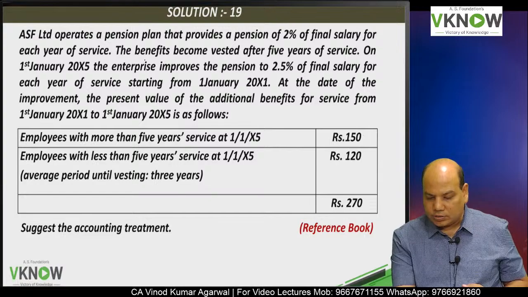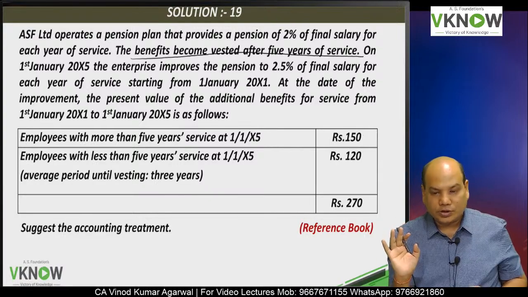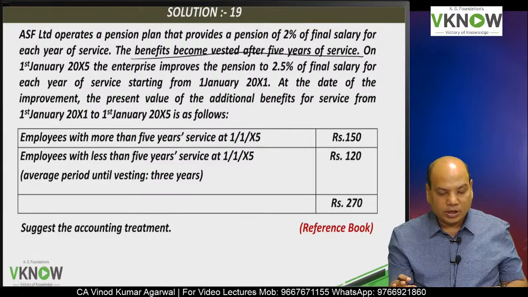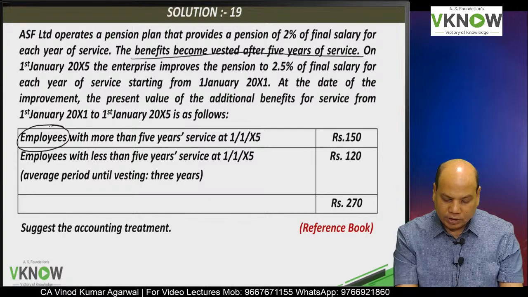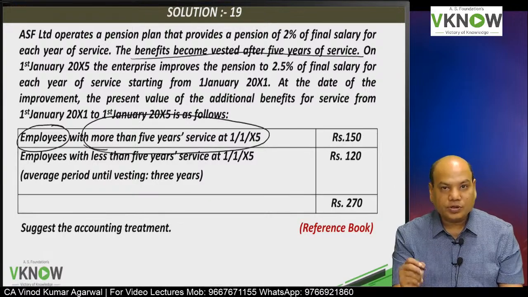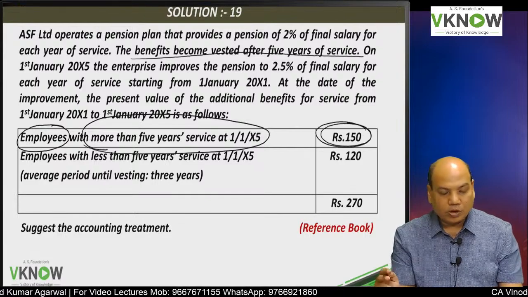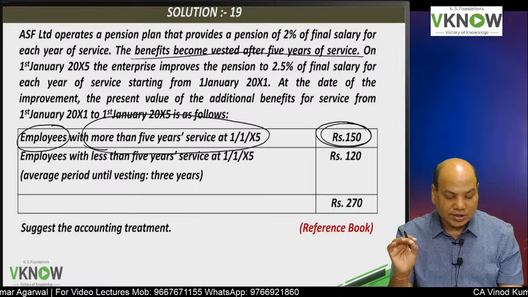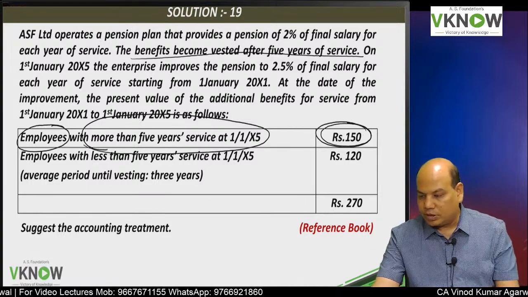What is the condition? Benefits become vested after 5 years of service. They have identified two types of employees. Category 1 employees who have completed more than 5 years of service, and the increase in liability with respect to these employees is 150.